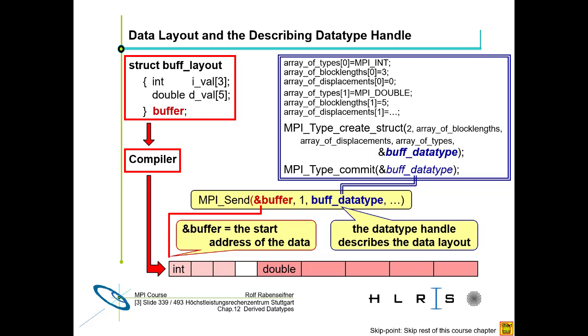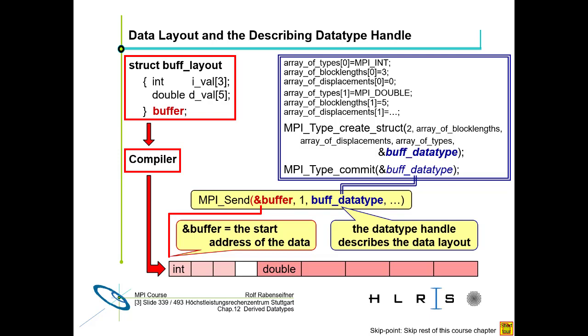Now, in MPI send, we would like to send buffer as one entity, as one buffer data type. The way to accomplish this is to have an array of types, an array of block lengths, and an array of displacements.